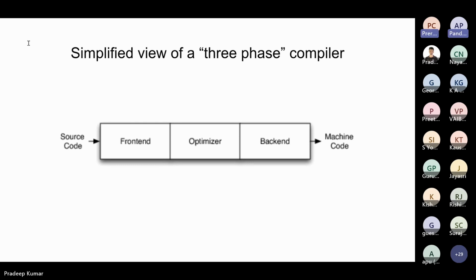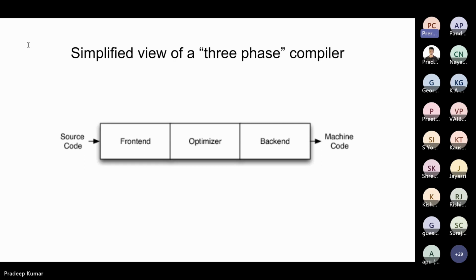I think this is what I was talking about in the previous slide, that we can view a compiler as divided into these three phases, and a lot of things happen in these three phases. For example, in the front end, you have parsers, lexers, and whatever we had studied in college.